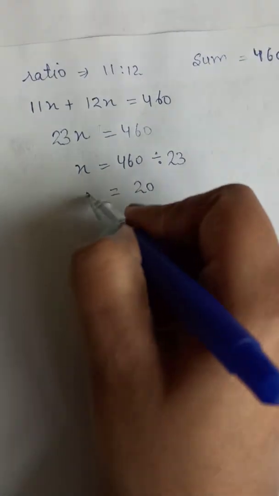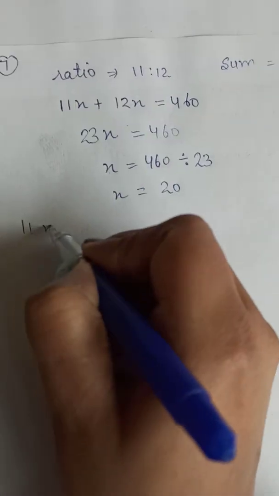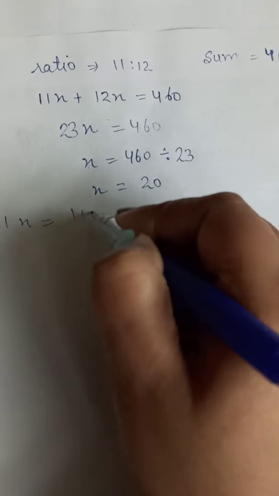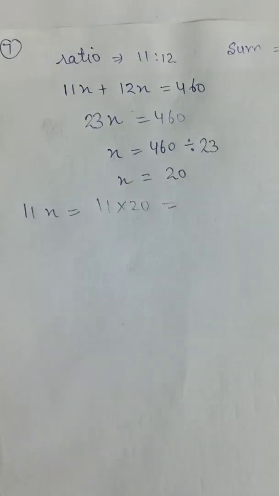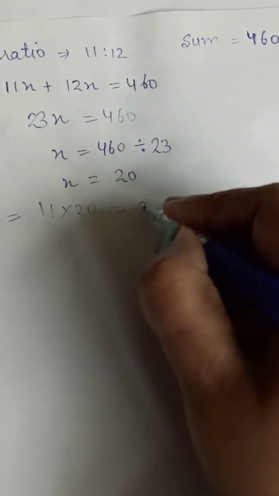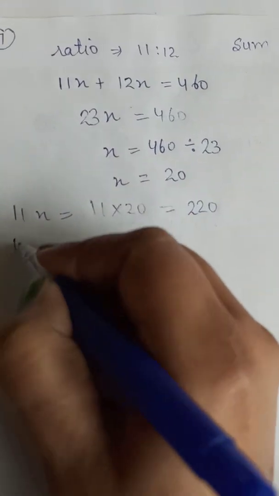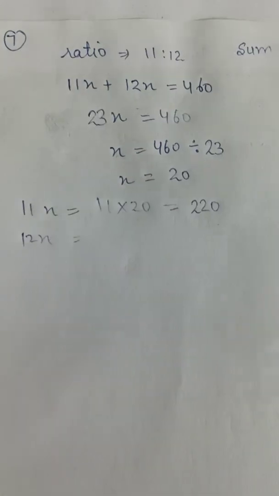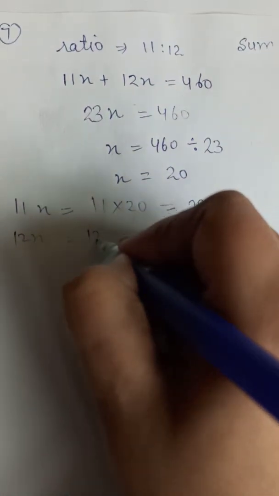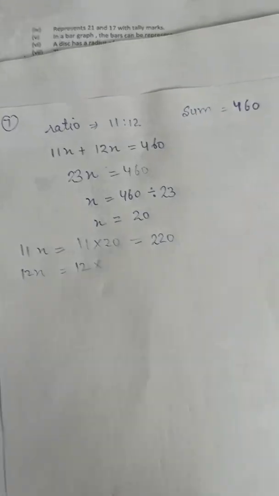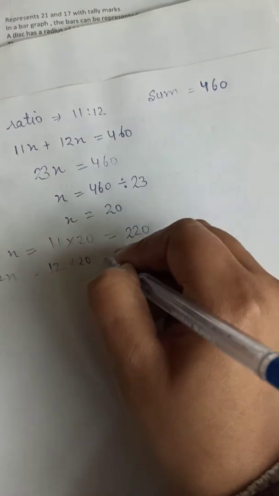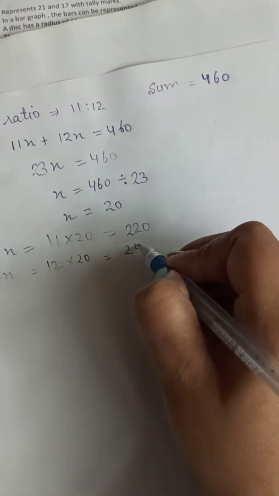Now put the value of x in 11x, which means 11 multiply 20, that equals 220. Second, 12x, we will multiply 12 with 20 and it equals 240.